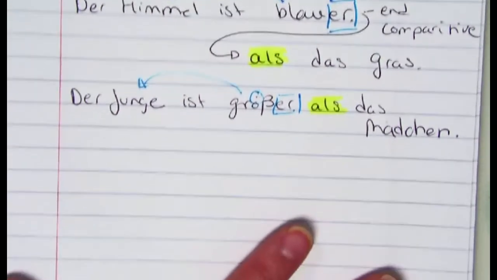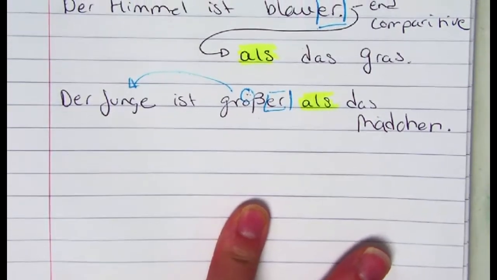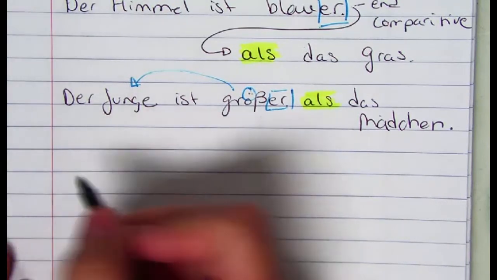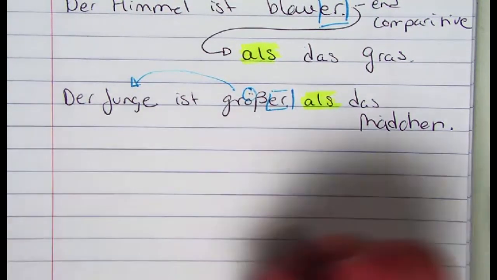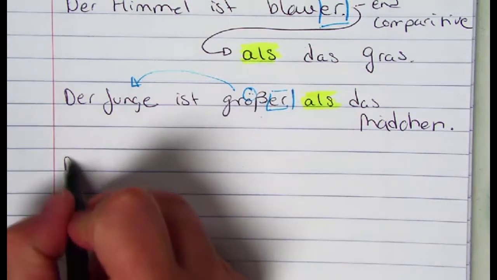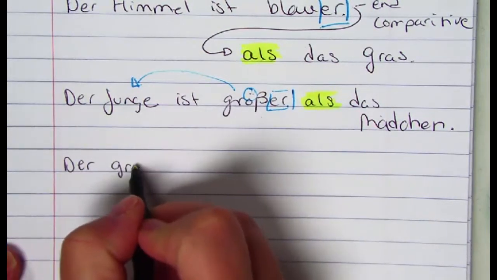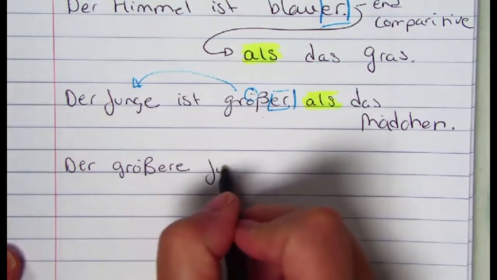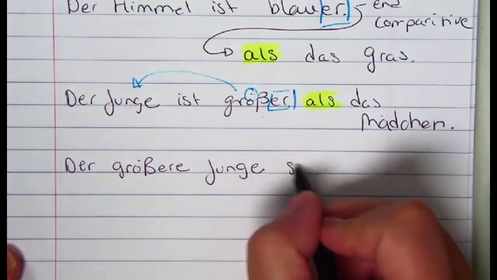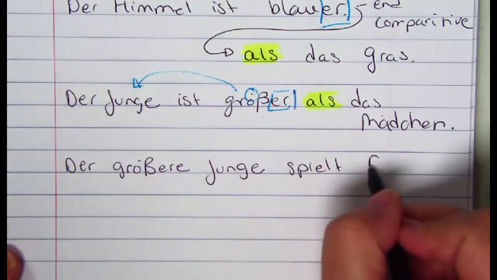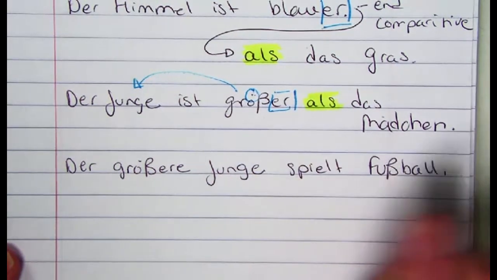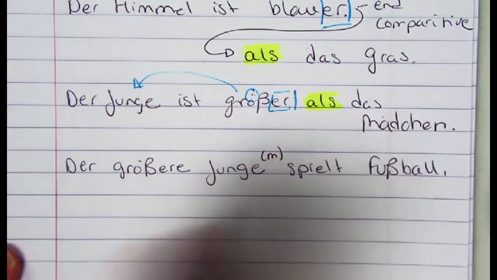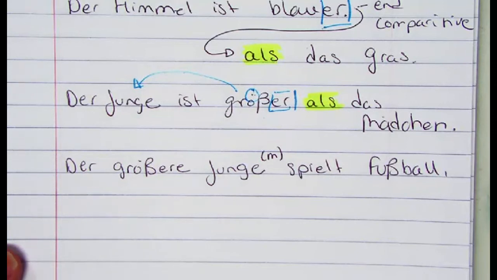Okay, I'm going to use the same example to show you when we would add adjective endings and then how those are constructed. So if I say the bigger boy or the taller boy, and then just something spielt Fußball. So the bigger boy, the taller boy, plays soccer. Okay, so that's masculine.